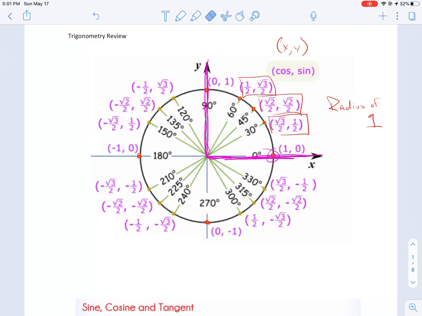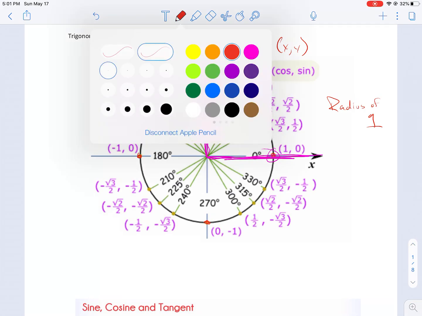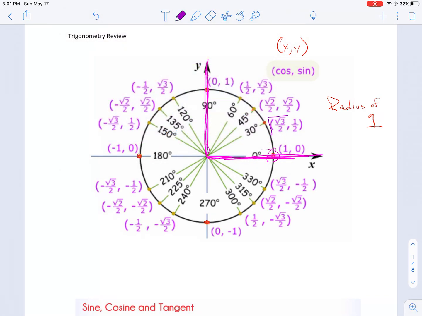Now if you notice, let me draw these in here. If you notice, these values get repeated throughout our unit circle. Okay, and what happens though is based on what quadrant you're in determines whether or not these things are positive or negative.